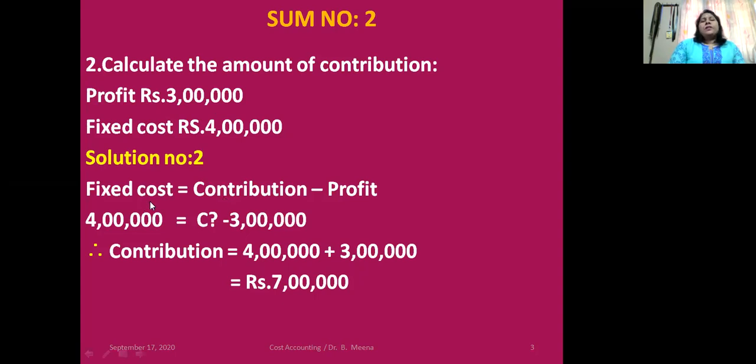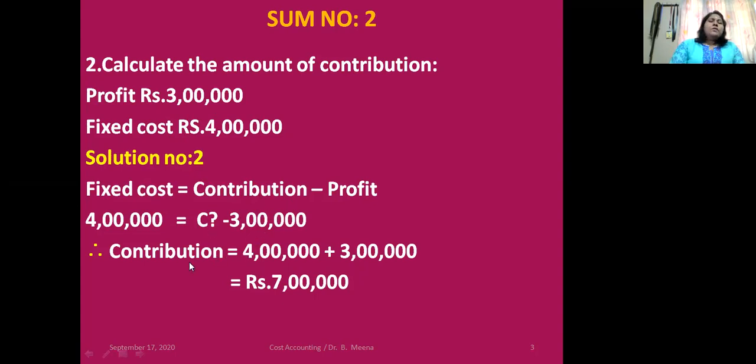Fixed cost is equal to contribution minus profit, so whenever I'm going to calculate the contribution, you can apply this formula. Fixed cost is 4 lakhs, contribution is the question mark, and profit is given as 3 lakhs.